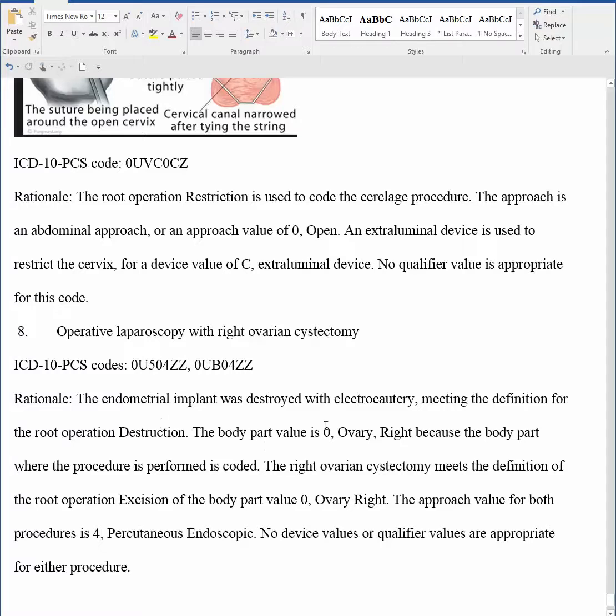That's for the destruction. For the ovary, because again that tissue, it was endometrial tissue, but it was on the patient's ovary. So the body part that he's touching, he's the surgeon, to destroy tissue on it is the ovary. And then he also took a right ovarian cyst off. We have 0UB, 04ZZ.